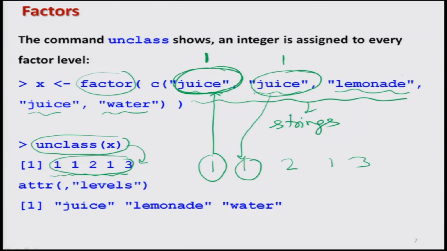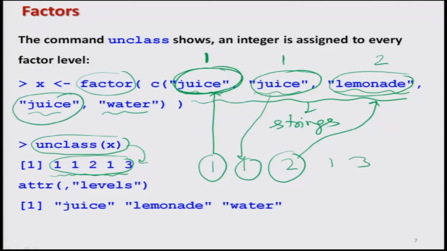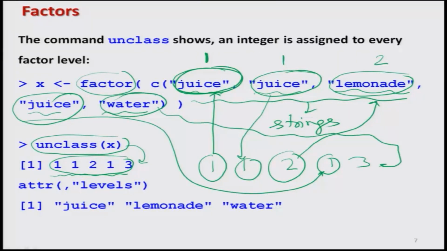Then the third observation here is lemonade, and for lemonade it has given the value 2, and similarly the fourth value here is juice, and this comes over here 1, and similarly the fifth value here is water, which is denoted by 3.